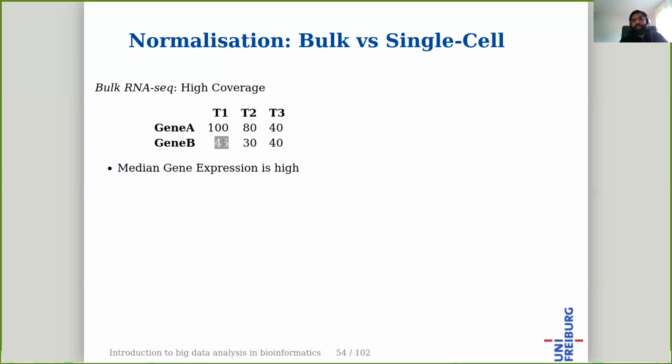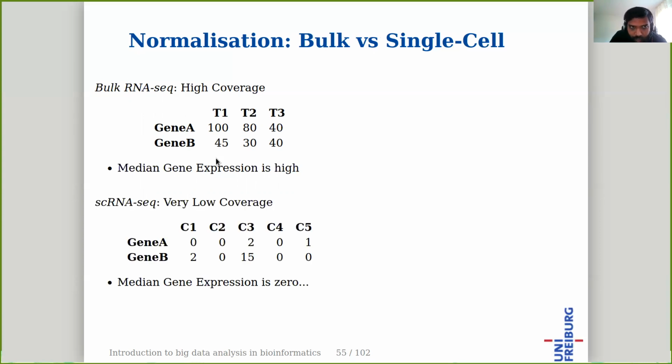So we usually see high coverage because the counts are averaged over all the cells in these tissues. That's why the median of gene expression is high.